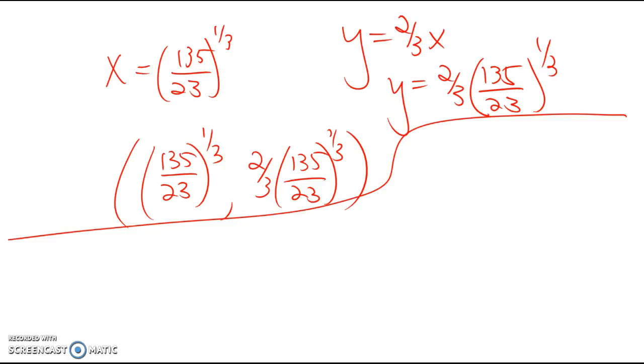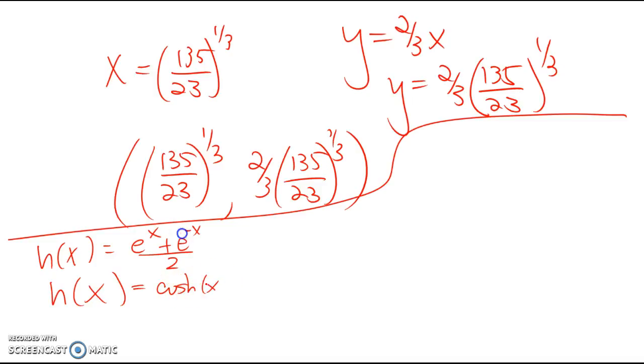He gave us that. In one of the homework problems, he said, okay, if h of x equals e to the x plus e to the minus x over 2, oh, I see. He's kind of tricking us. This actually is kosh. I'm going to call it cosine hyperbolic of x.